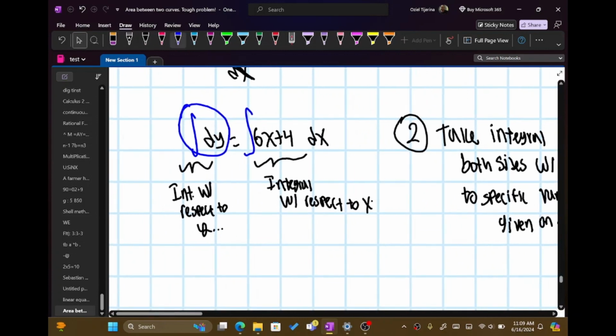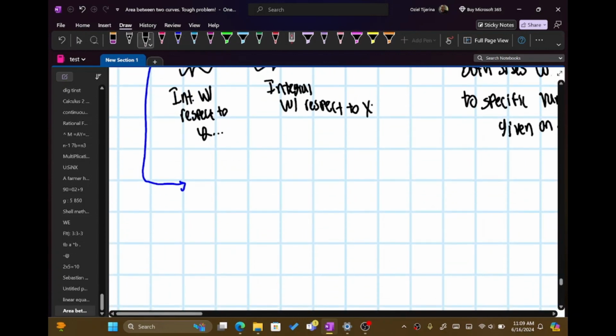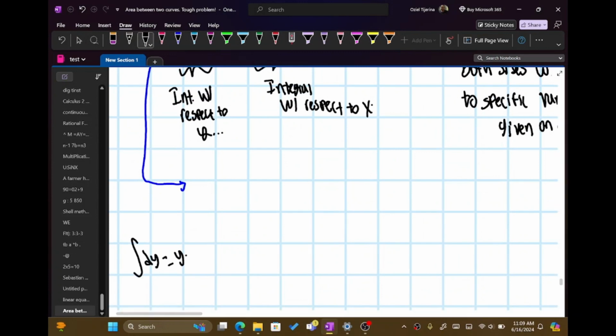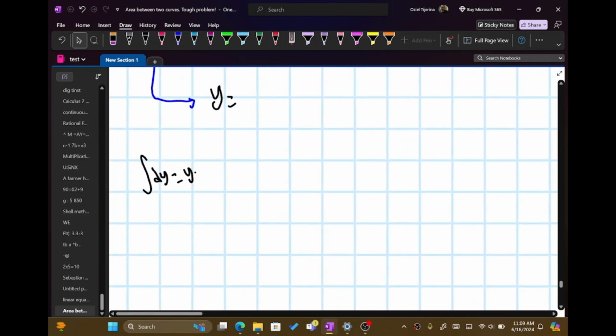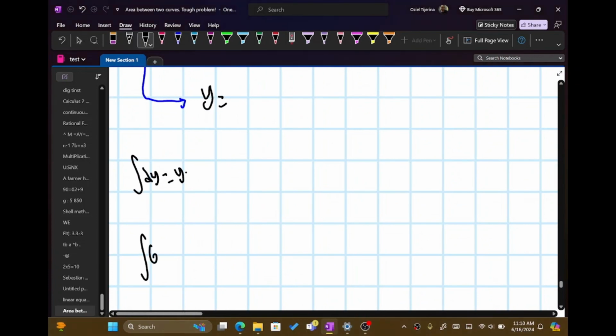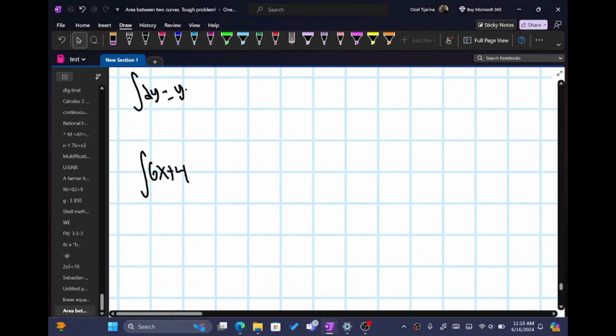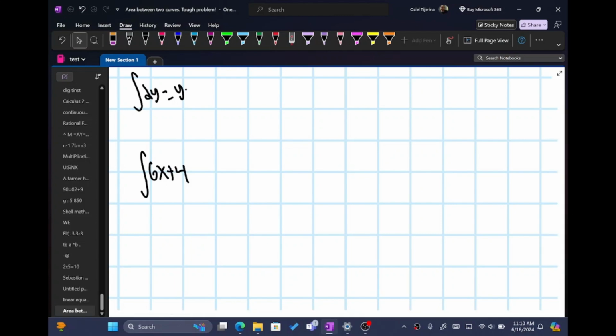So if we do this, the integral with respect to y is just y. So we're just going to put y here, and it's going to equal the integral with respect to x of 6x plus 4. It is very important to know your power rule for integration.